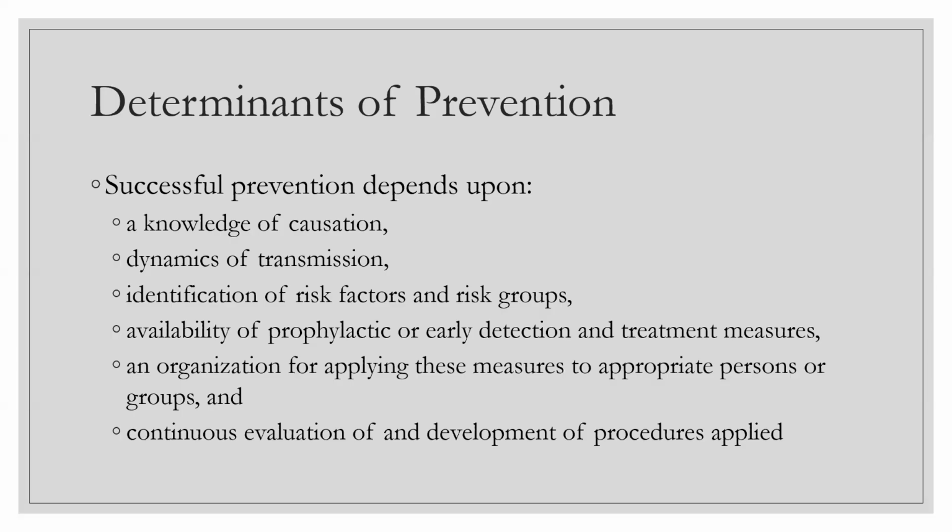Also, it will be important to know what is available for early detection and treatment measures. Also, we need to know what the natural history of the disease is. So if there's no intervention, how will that disease turn out? What are the likely options of the outcome of that disease in the absence of existing intervention? And then you have to have an idea of how the measures can be appropriately applied.